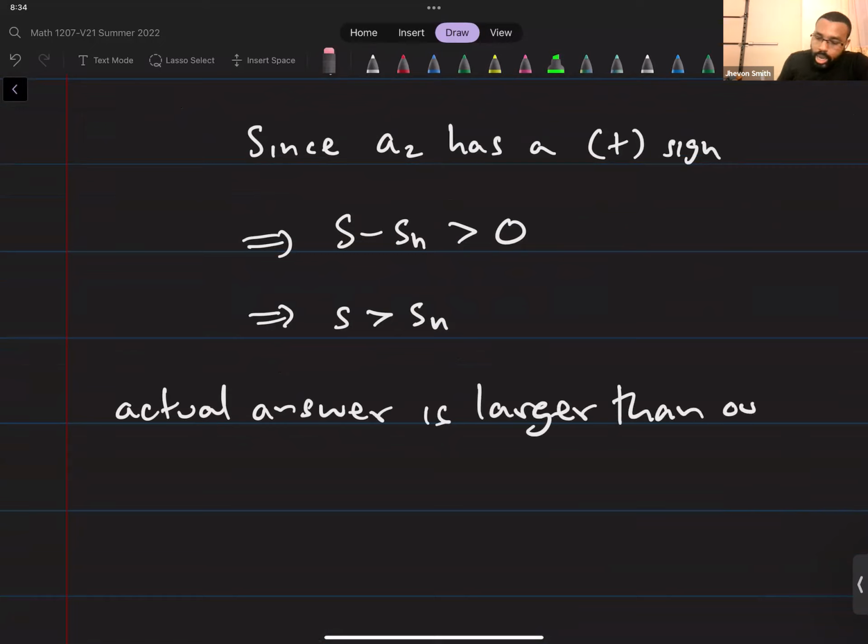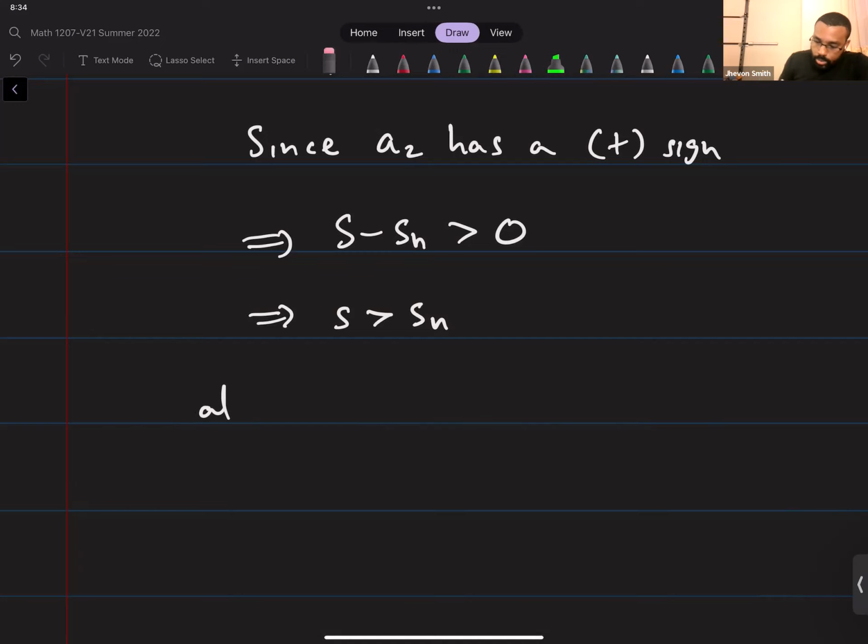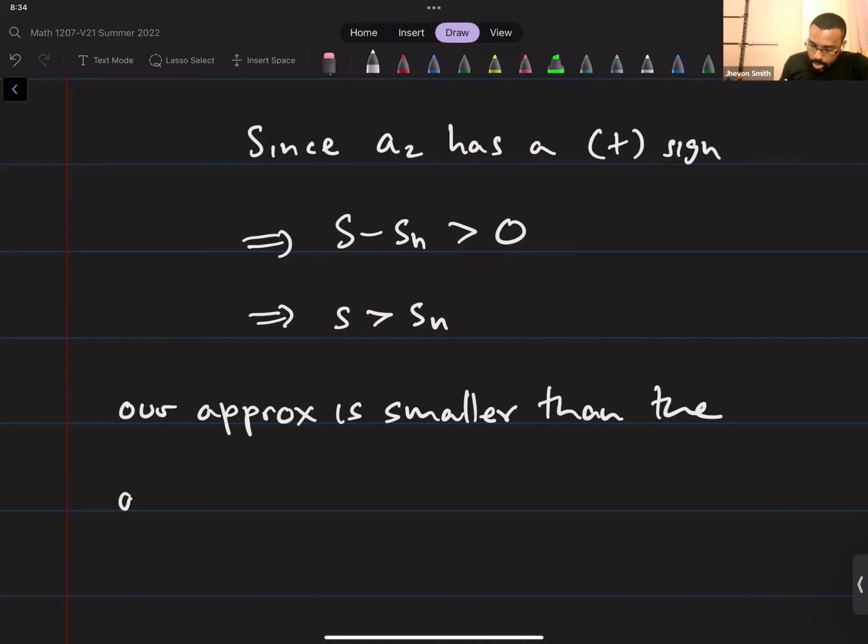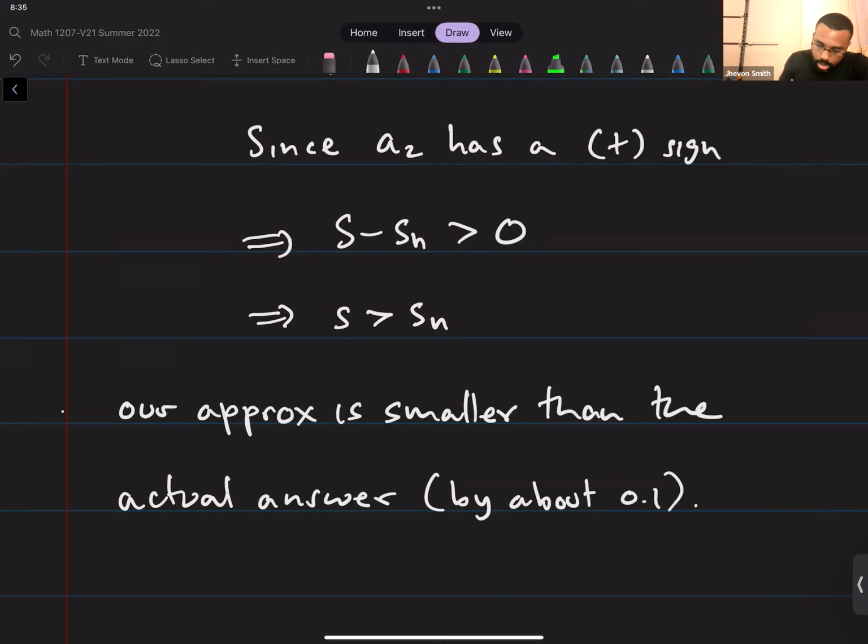Well, we can say our approximation is smaller because that's how the question was asked. So our approximation is smaller than the actual answer, by about 0.1.